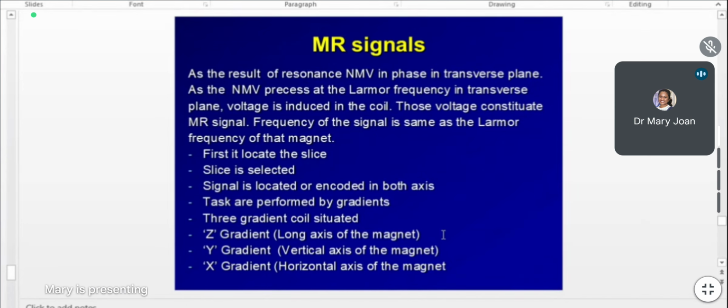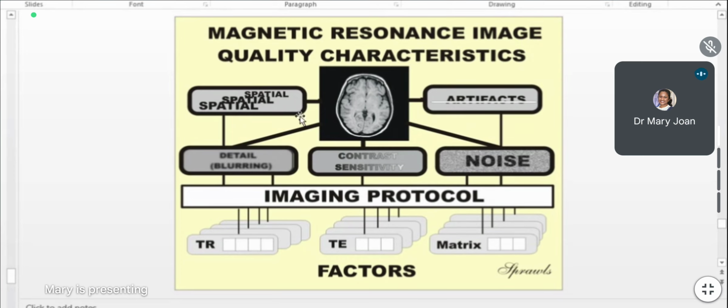So, the magnetic resonance image quality characteristics: spatial information, detail, contrast, noise and artifacts are all incorporated in the imaging protocol. We have information according to the TR and TE and the matrices in which the information is saved.